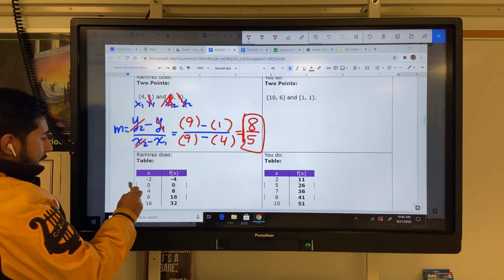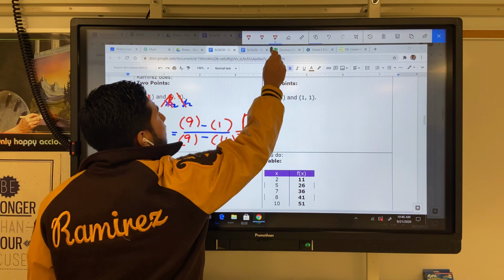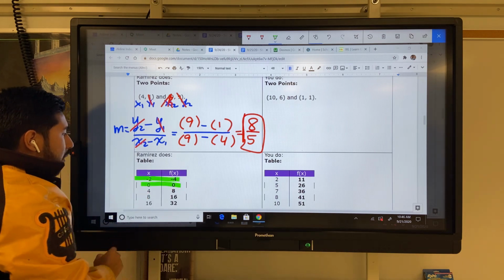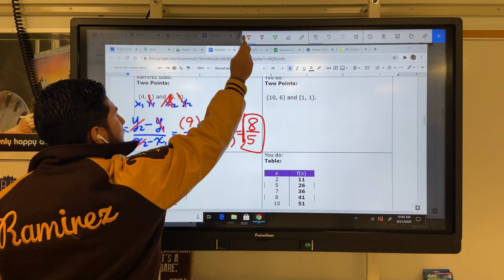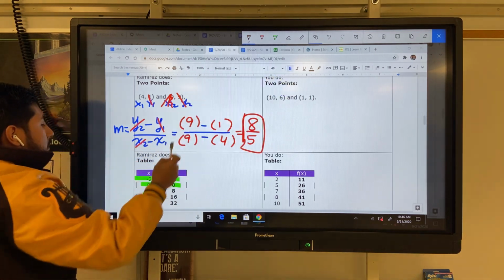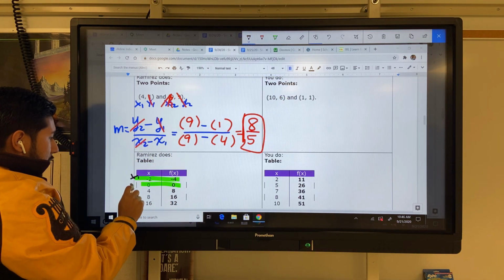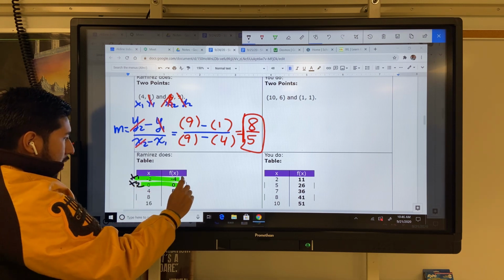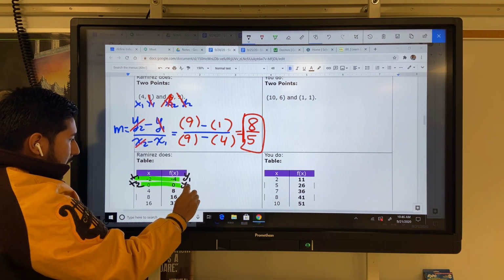All right, we got me, myself, and I. Mr. Ramirez likes to do the first 2 points because they're super straightforward. Let me go ahead and label. Got x1, x2, y1, y2.